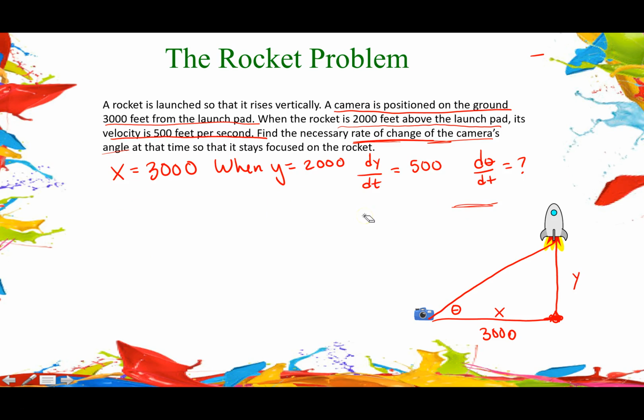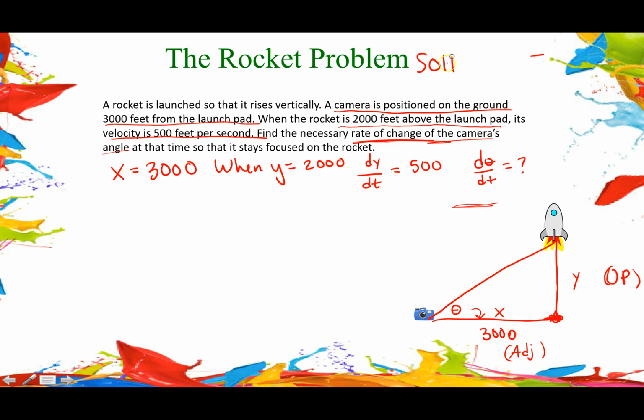What equation could relate theta, x, and y here? The opposite right here, isn't that the opposite of theta? Just as a reminder, opposite goes across, and then we've got our adjacent, which is this one. So how can we write an equation with theta, the opposite, and the adjacent?